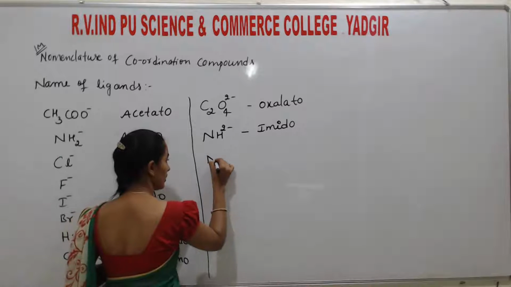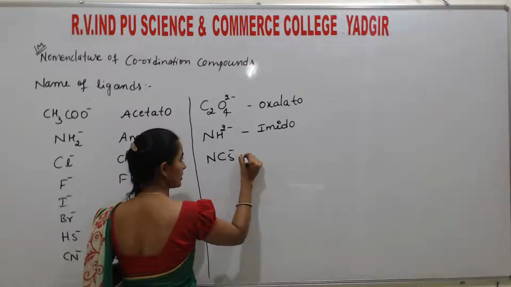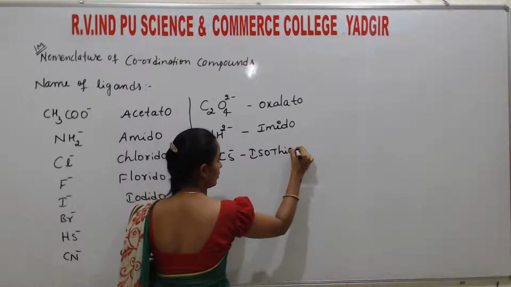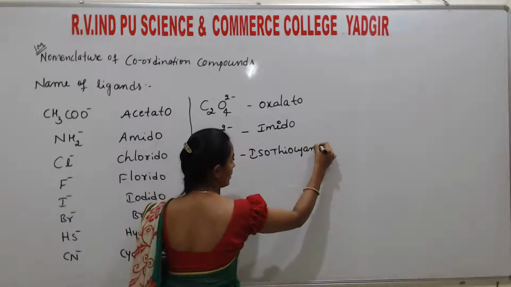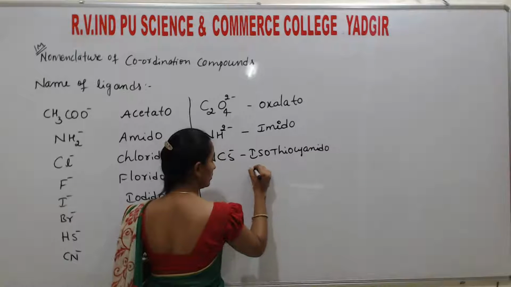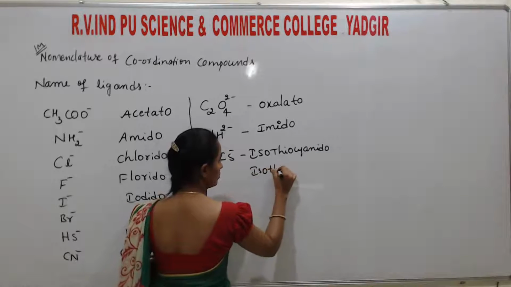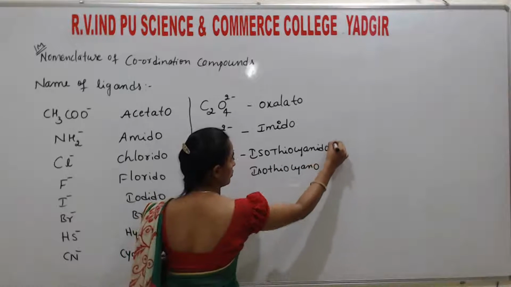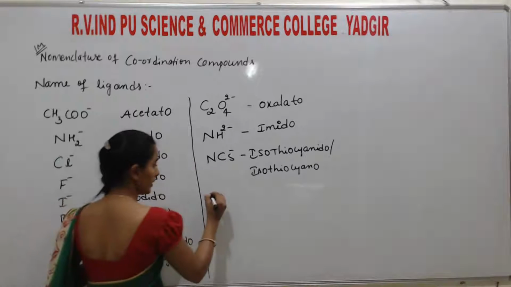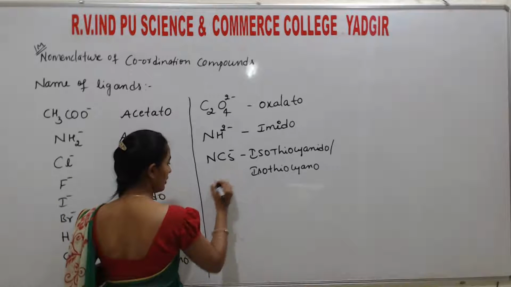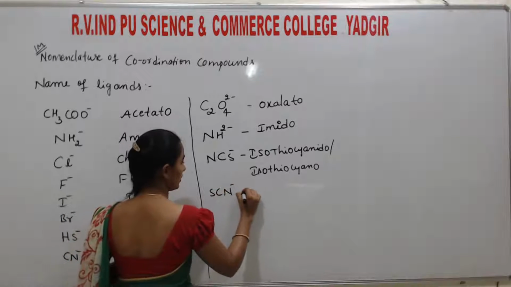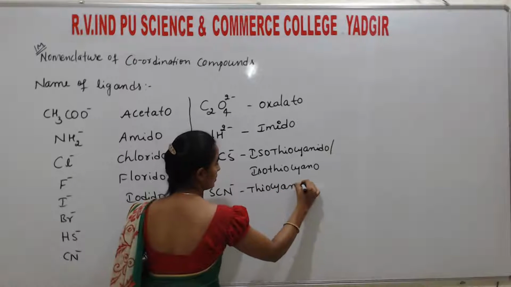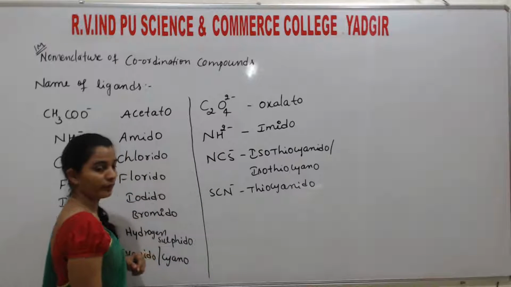Next, NCS minus is there, isothiocyanato. Okay, next, if SCN minus is there, then thiocyanato.